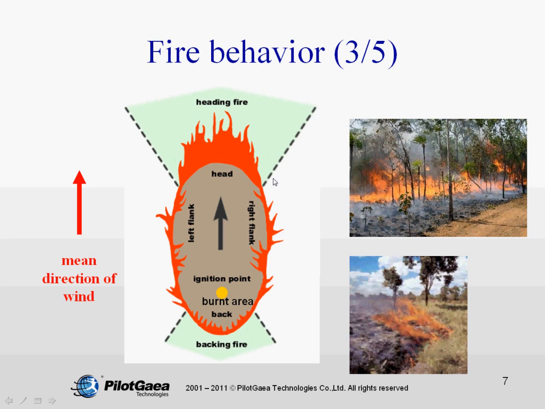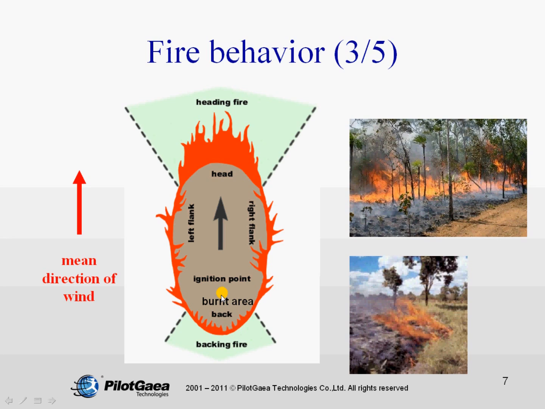By the research data, the general shape of the burned area is an ellipse. Take the left side figure for example. If the direction of wind is like that shown on the left, the burnt area will be like this. In detail, the yellow point is the ignition point.